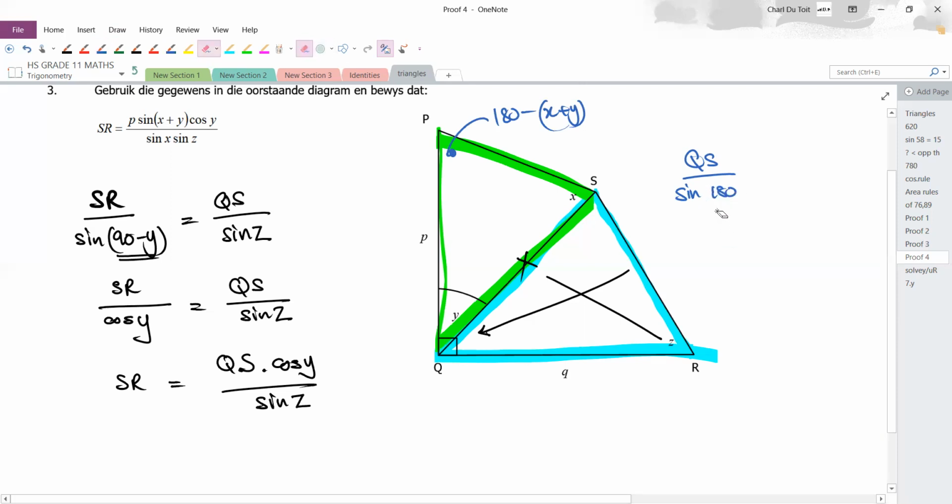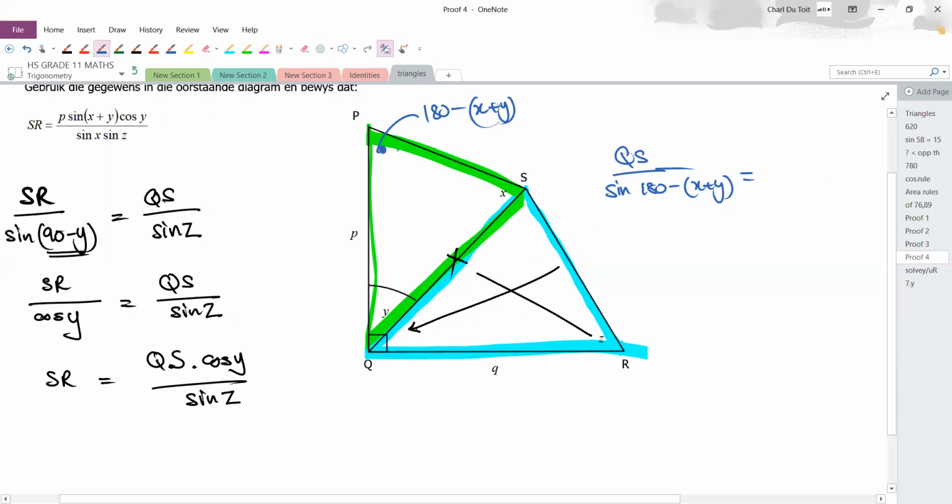So that angle is 180 minus the sum of these two. And then I have to bring P into the equation. So QS over sin of x plus y equals P over sin x.